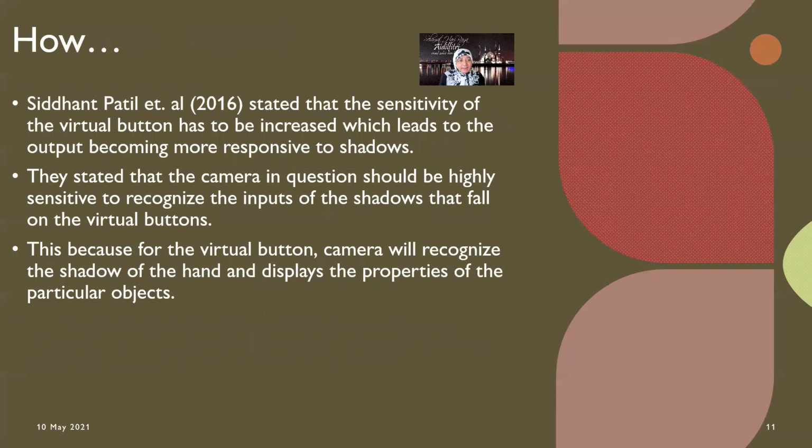In the meanwhile, Siddhant Patel et al. 2016 stated that the sensitivity of the virtual button has to be increased, which leads to the output becoming more responsive to shadows. They stated that the camera in question should be highly sensitive to recognize the inputs of the shadows that fall on the virtual button. This is because, for the virtual button, the camera will recognize the shadow of the hand and display the properties of the particular objects.